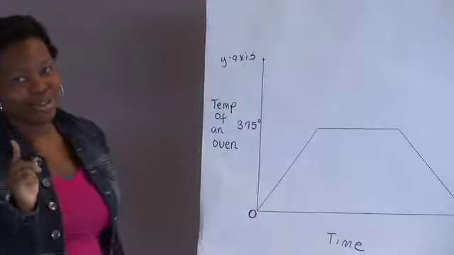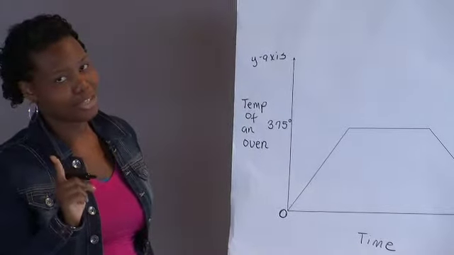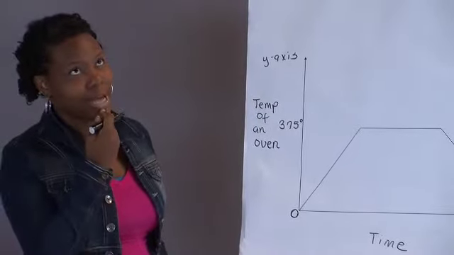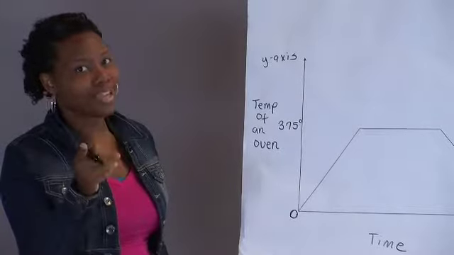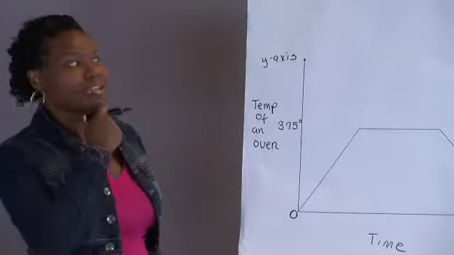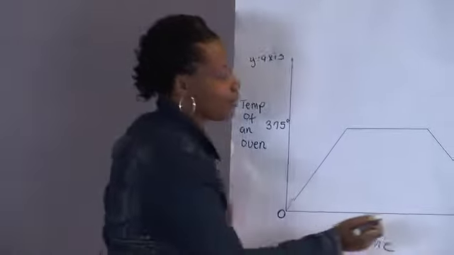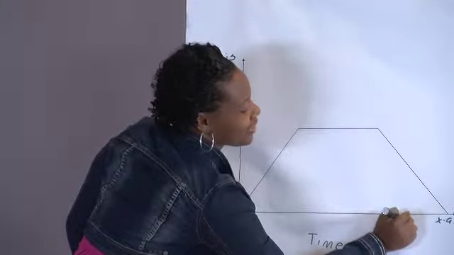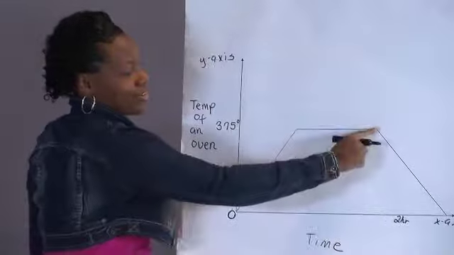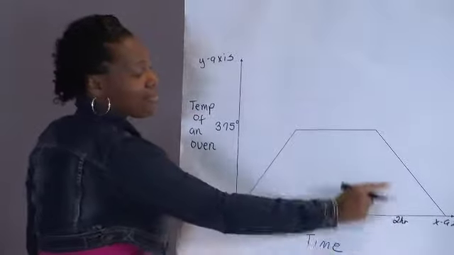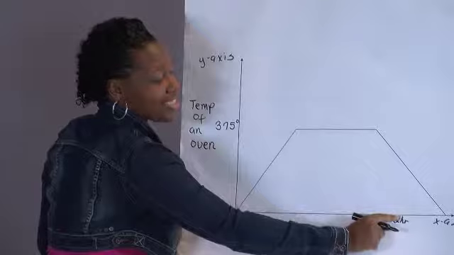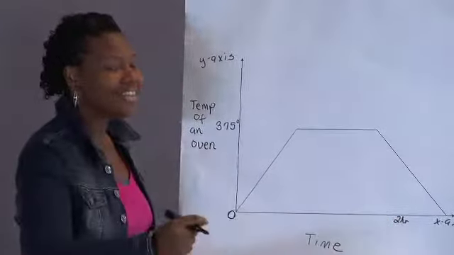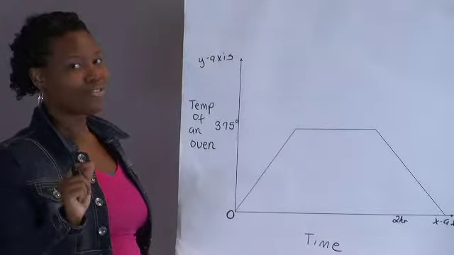Now, for all those cooks, how long does it take to cook macaroni and cheese? If it's in the box, maybe 5 minutes, but this mac and cheese is going to take maybe 2 hours if you do it right. I like it crispy. So let's say I put 2 hours down here. After 2 hours, my mac and cheese is done. I'm taking it out of the oven and turning my oven off.